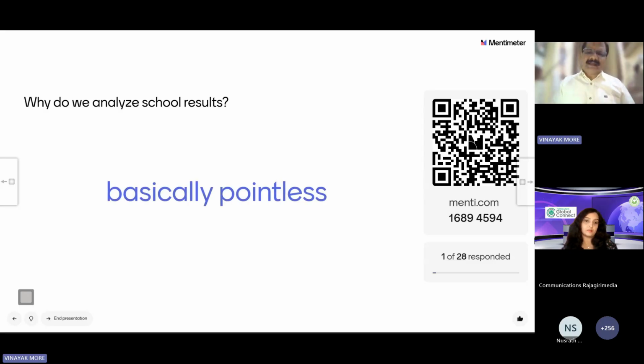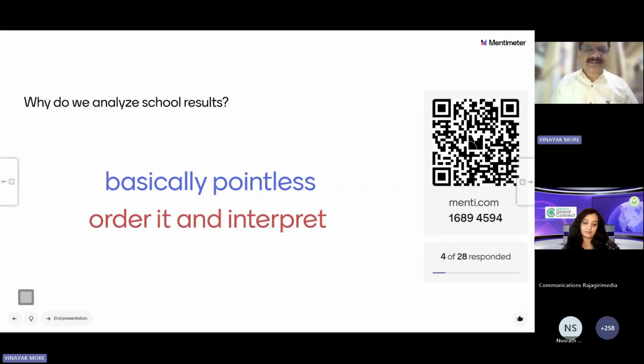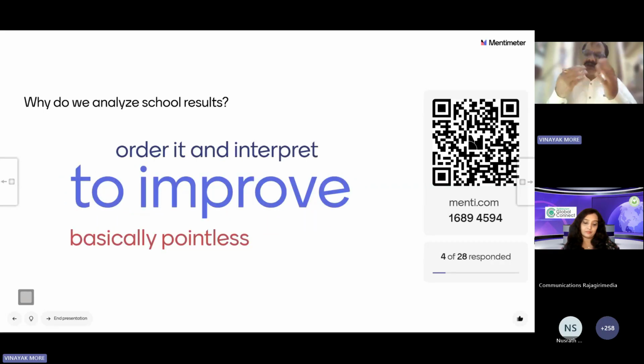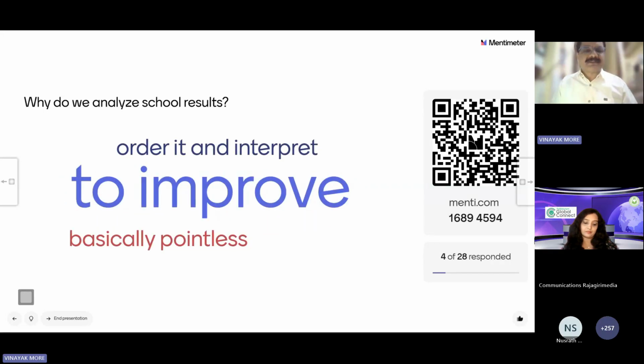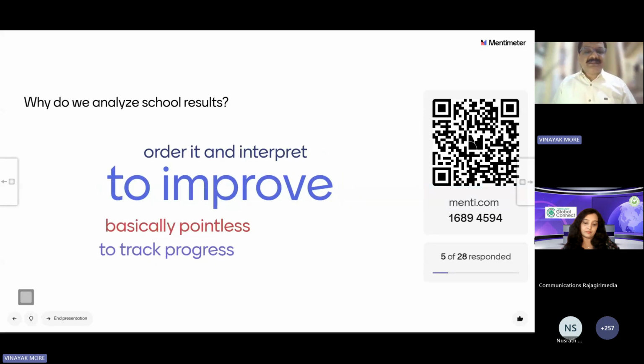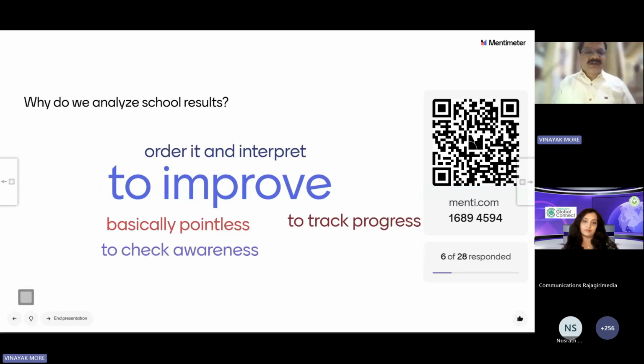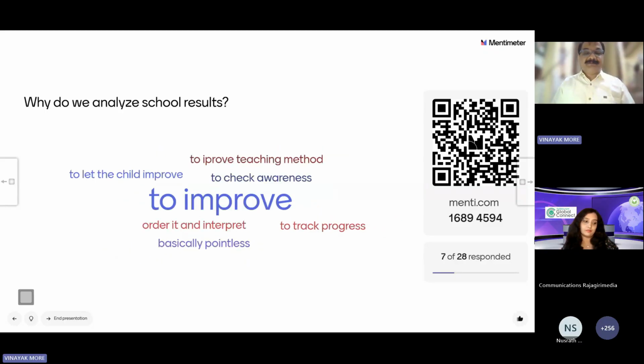If we don't do that analysis, whatever performance the student has shown, you measured it and communicated it to the student, that's it. Why should we go ahead and analyze the result, or that particular student's performance? So the responses are coming: to improve, to give feedback, to check awareness.